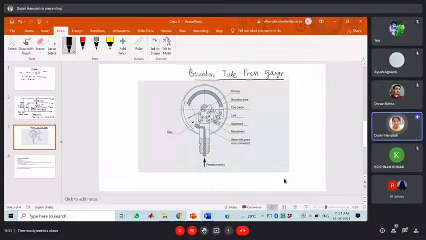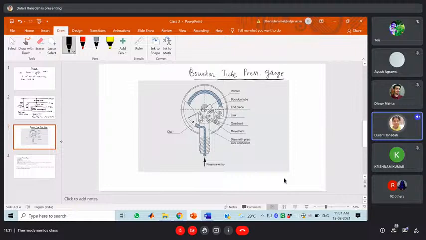One end is connected to the pointer. Here you can see your mechanical linkage, a gear and pinion arrangement. Due to the deflection, this pointer will move on the calibrated dial. So here we will get the pressure reading. All of you have seen this in many labs, I think. If you have not seen it, I will show you during your lab.